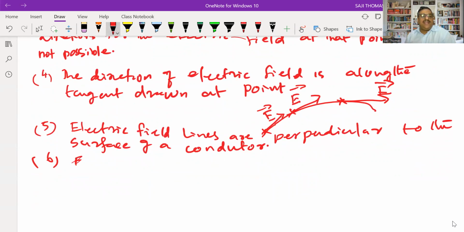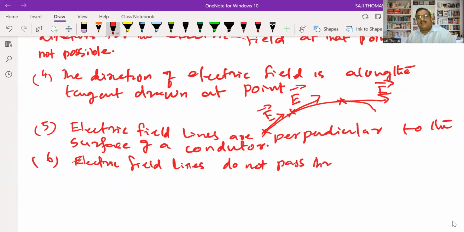So electric field lines do not pass through a conductor.